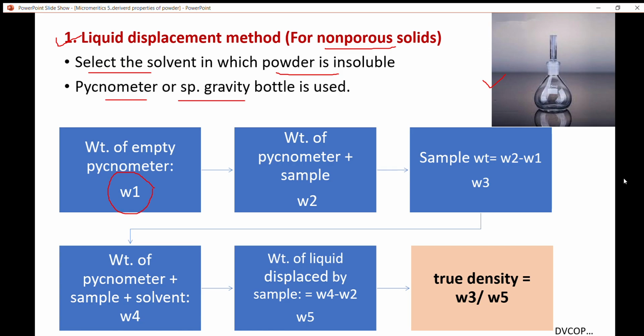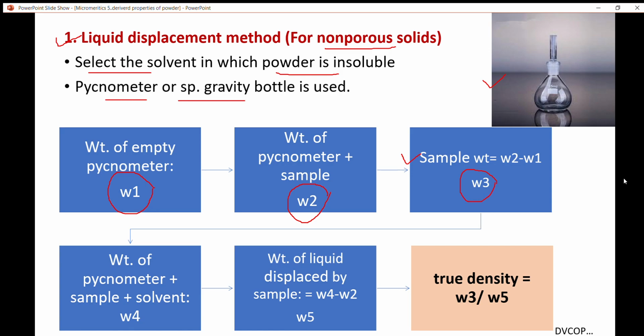Then add the powder whose density is to be determined and note down the weight, that is W2. Then calculate the weight of the sample by subtracting the weight of the empty pycnometer from the weight of pycnometer plus sample, and we get W3.